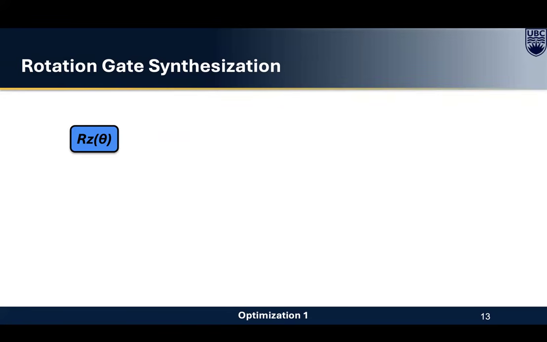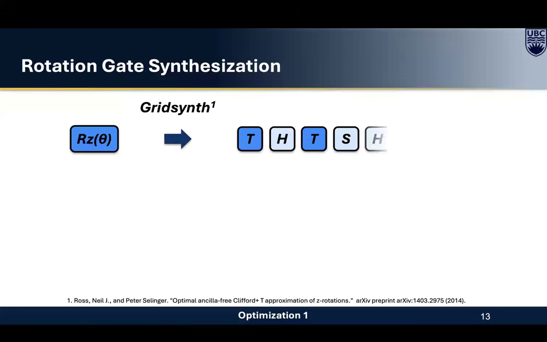Those RZ gates cannot be directly lowered into Clifford plus T form, so they have to be synthesized into it. The state-of-the-art algorithm for this right now is the Gridsynth algorithm. It can synthesize a Clifford plus T gate sequence to arbitrary accuracy for any given rotation gate.